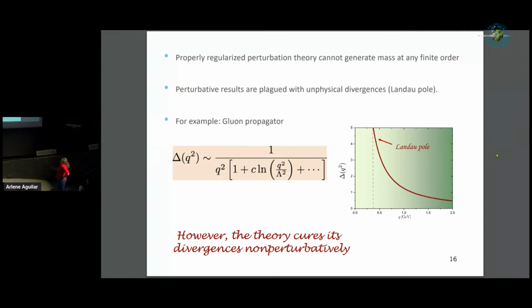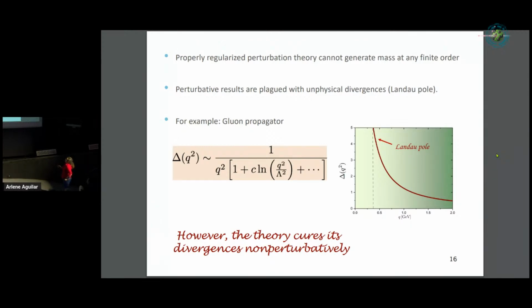And you know that when you perform any perturbative calculation, you are full of unphysical divergences that are due to the presence of the Landau pole. Okay? And if you want to extend the validity of these perturbative calculations, most of the tricks you use are to put a hard cutoff in the calculation to cure these unphysical divergences.